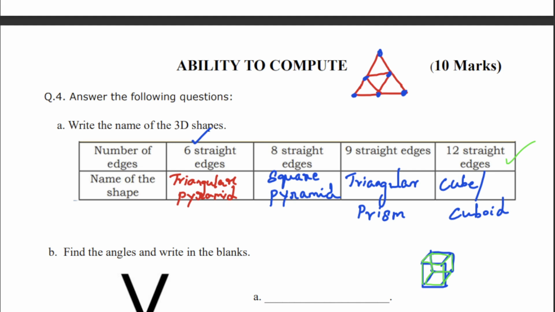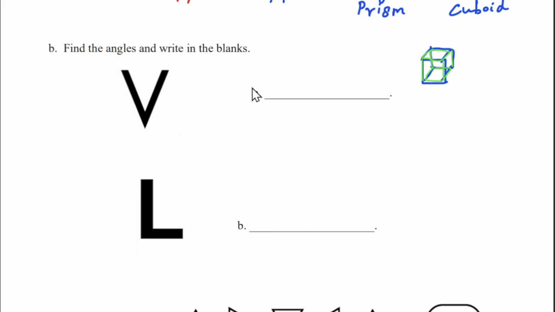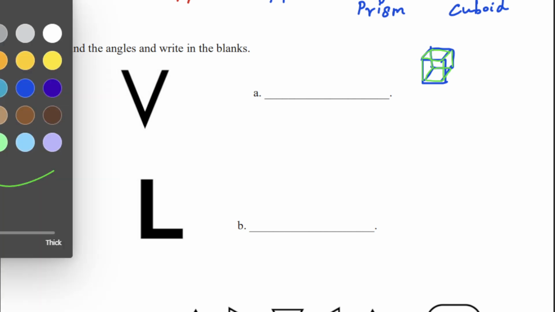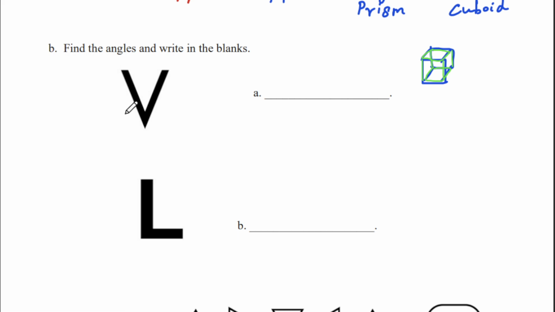Find the angles and write in the blanks. So angles, we always need to see from which side we are seeing. For example, if you are standing here and looking at this angle, if you draw a line like this, this becomes a right angle. So this one is less than the right angle.